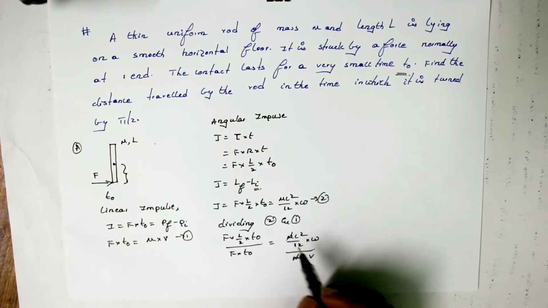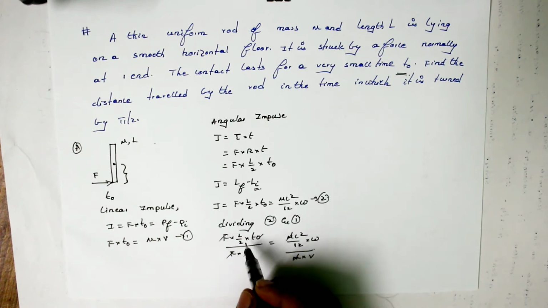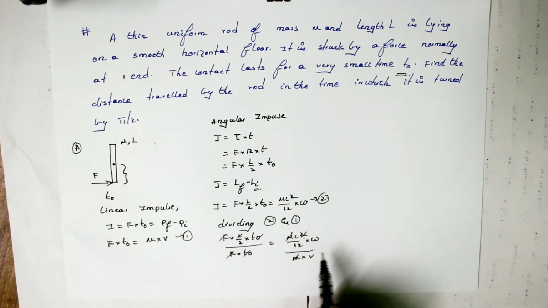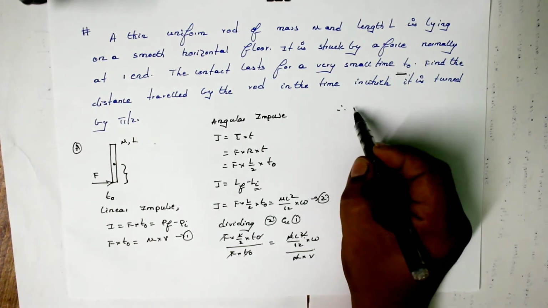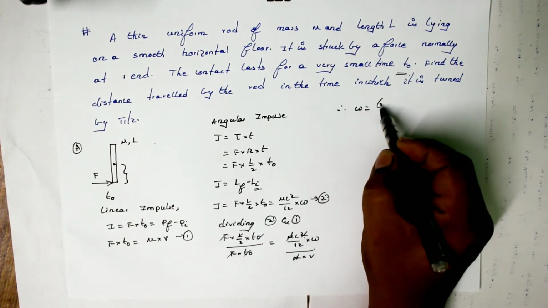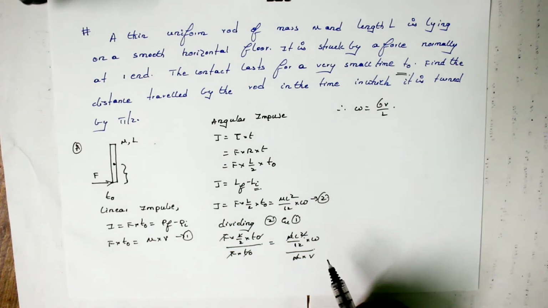So m, F, t naught and one L get cancelled. Two ones are two, two sixes are twelve. So the final angular velocity which I get is 6v divided by L.